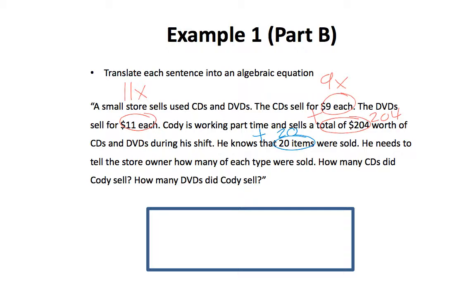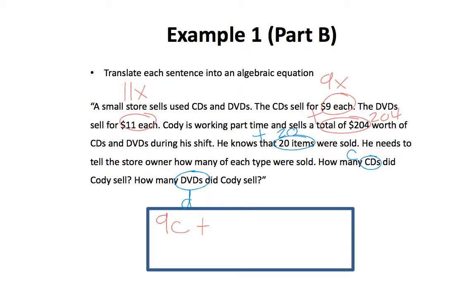We need to figure out how many CDs and DVDs that he sold. So I'm going to represent that with a variable of C, and I'm going to represent this with a variable of D. Our first equation is going to look something like this. Each CD is $9, so it's the price multiplied by the number of CDs.